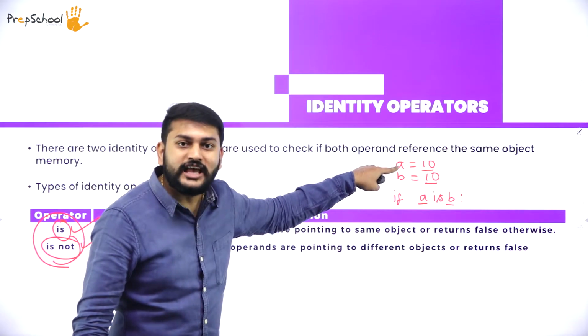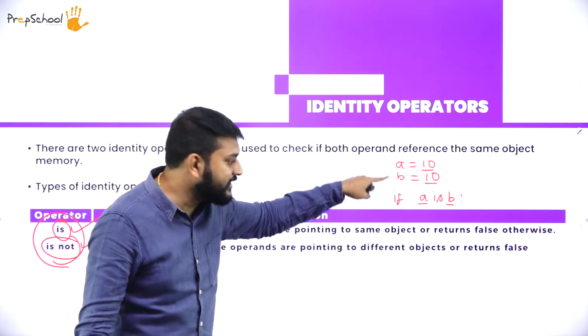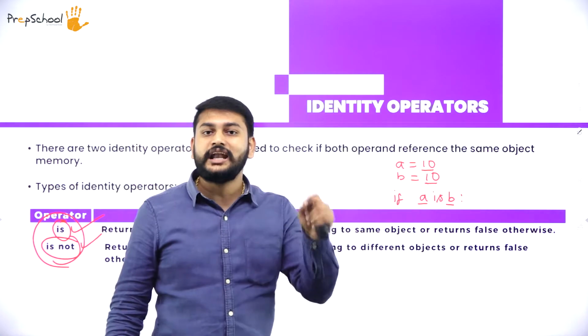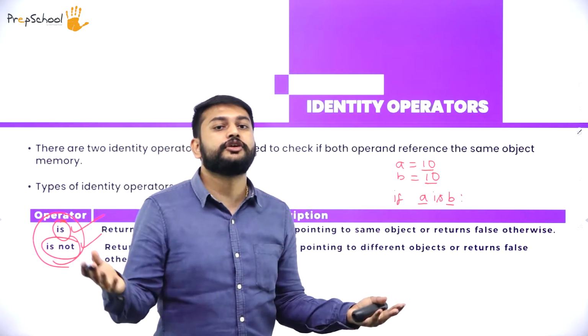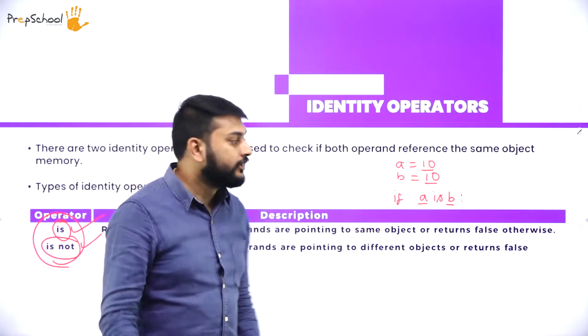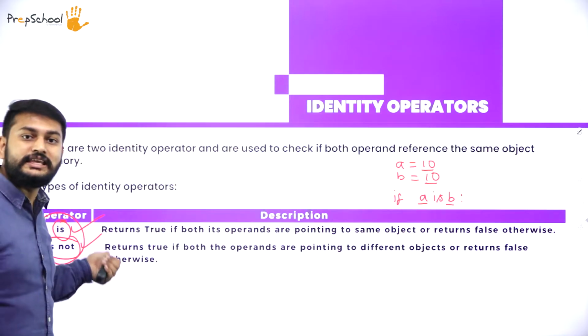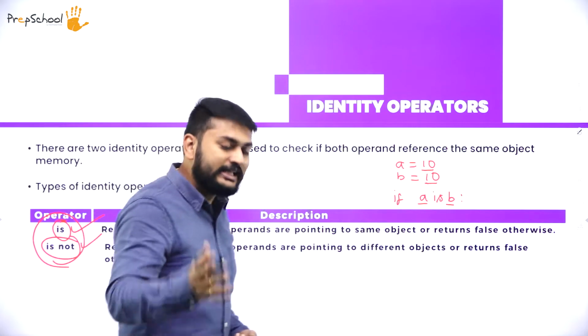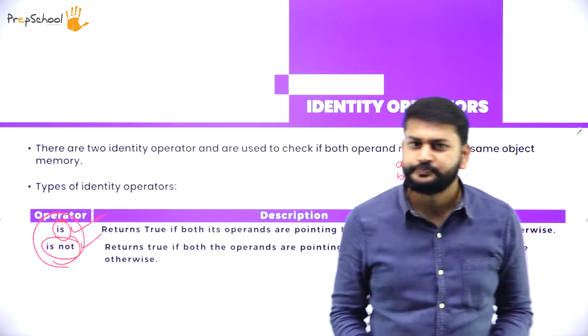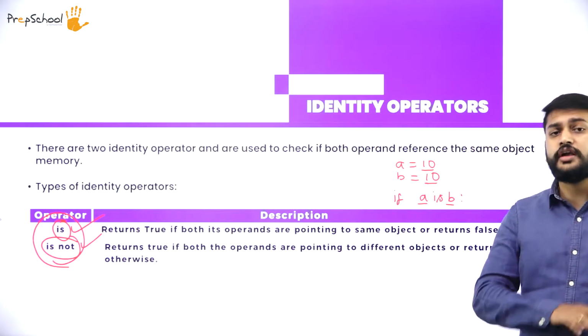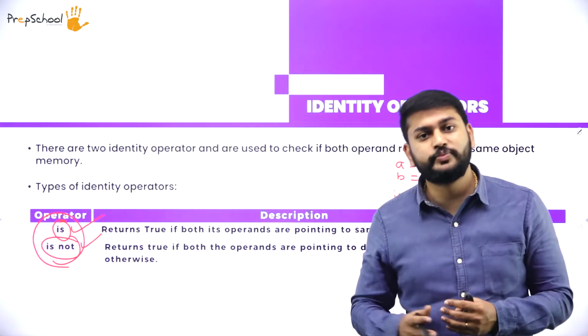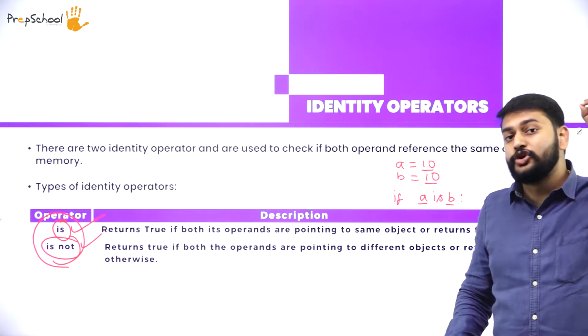Suppose A and B have the same reference, then it will return true. Otherwise, it will return false. That's how this identity operator works. Opposite to that, is not works. If both the operands are not referring to the same object, then it will return true.